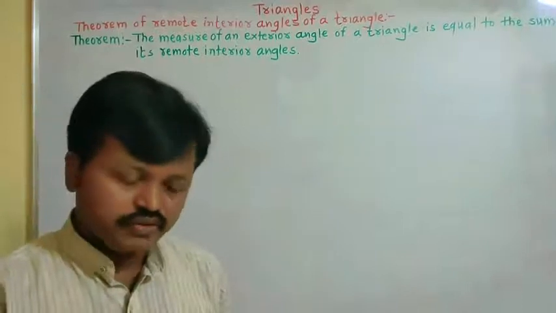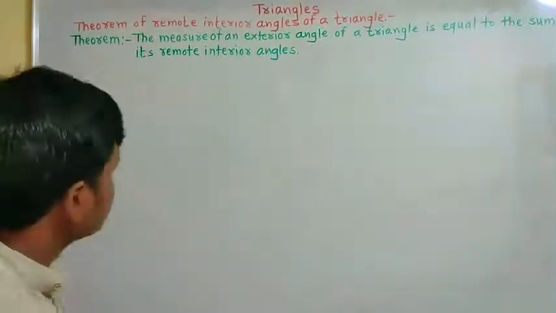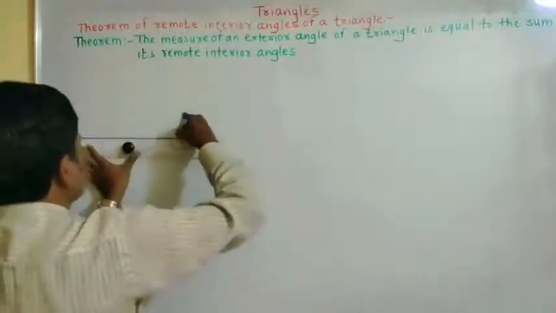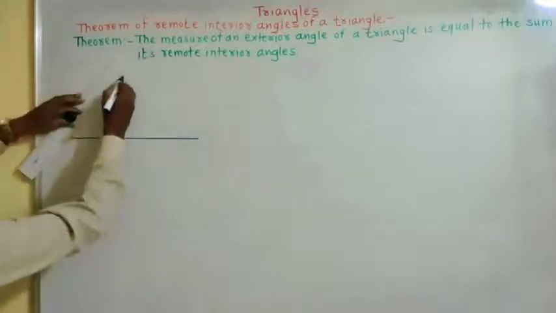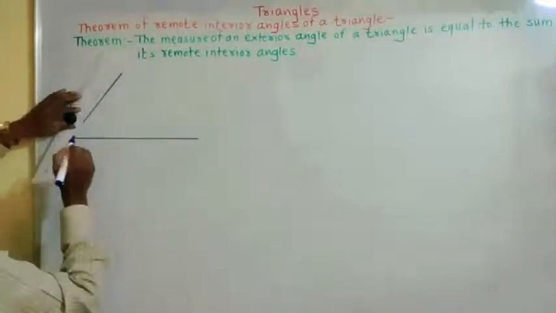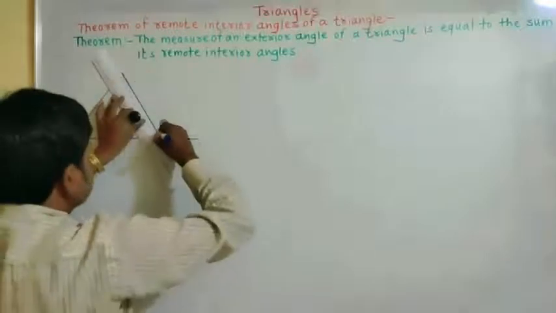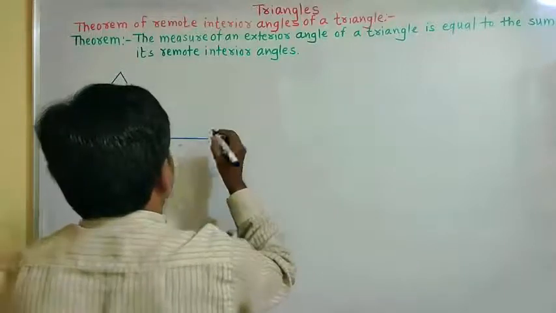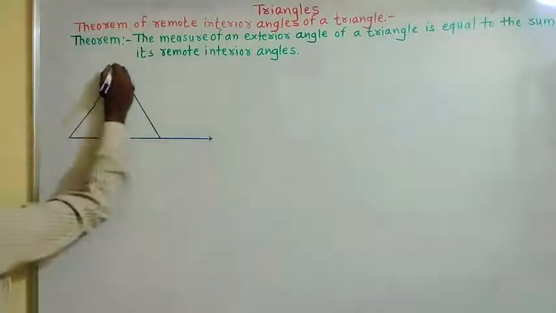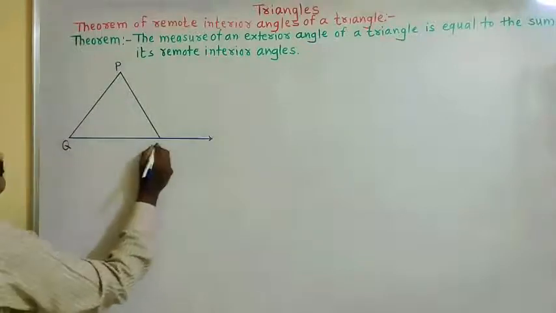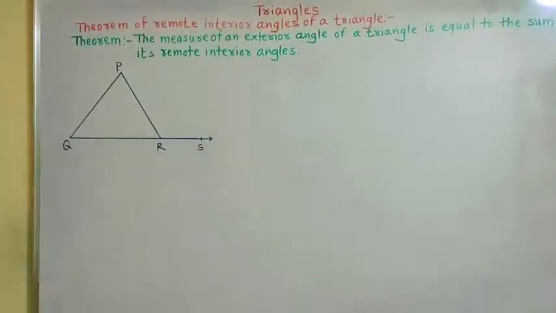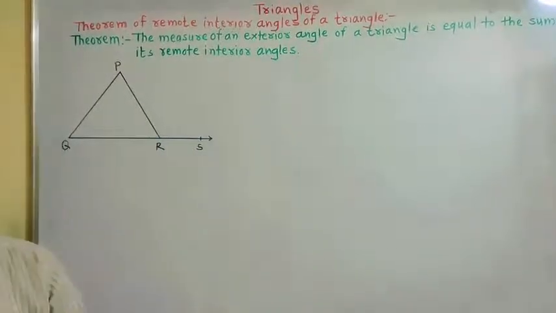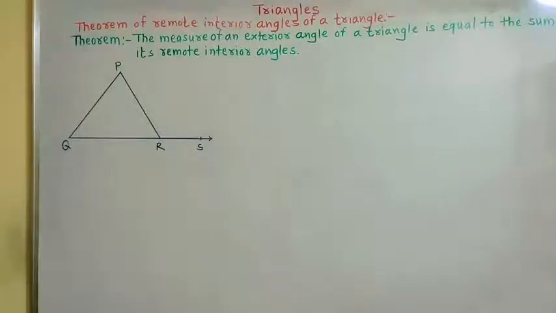So for that we draw the figure first. So look here, I draw here one triangle. Name this triangle here P, Q, R, S. So this is a figure. And write here the given part first.